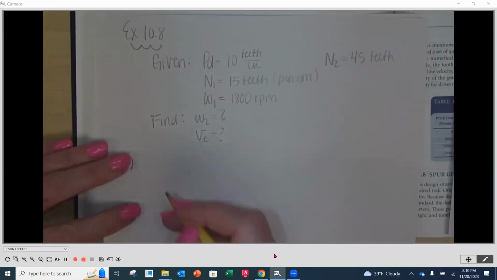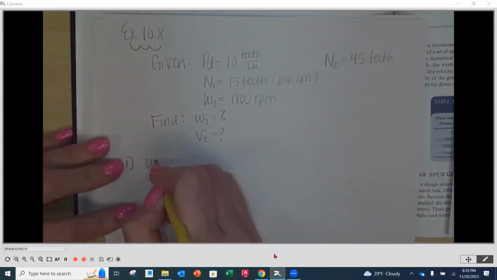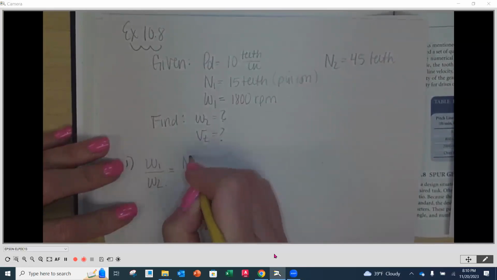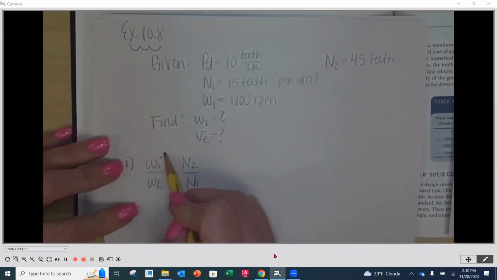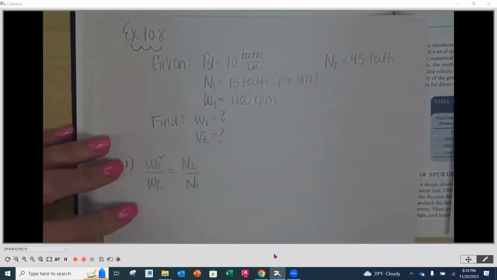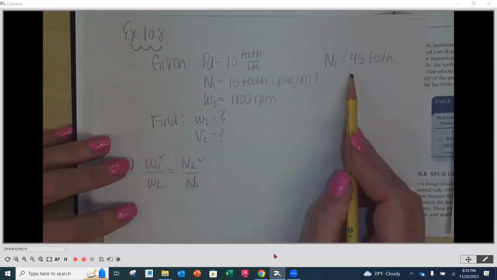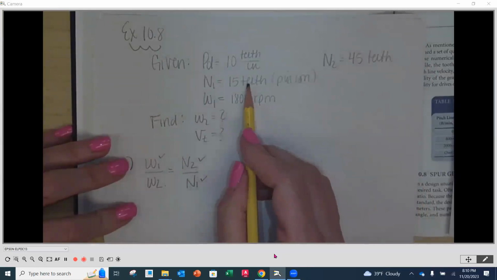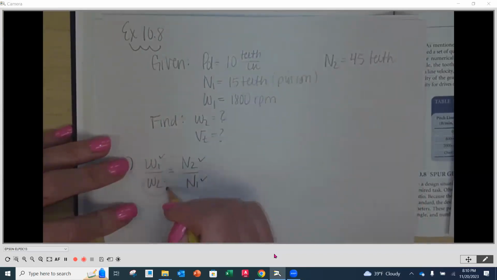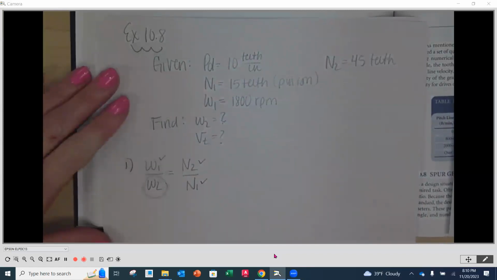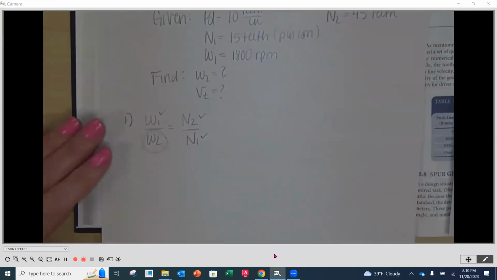We want to find W2, so W1 divided by W2 is equal to N2 divided by N1. We know W1 is 1800 RPMs. We know the number of teeth on the gear is 45, and the number of teeth on the pinion is 15. So our only unknown is W2. We just need to rearrange this algebraically and solve for W2. So go ahead and do that.